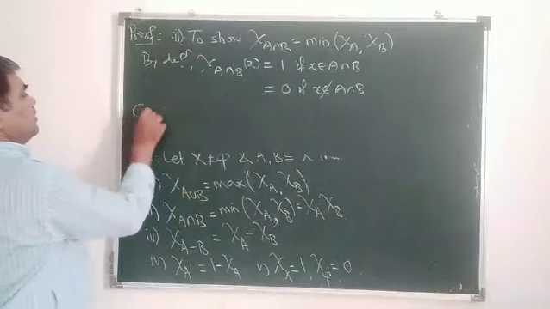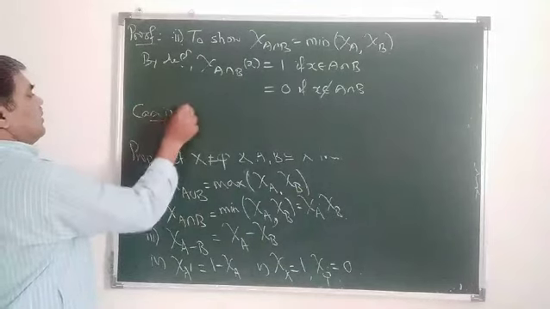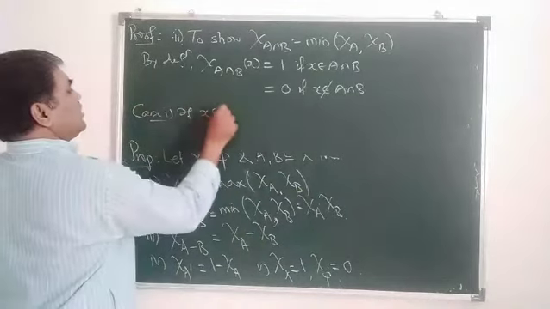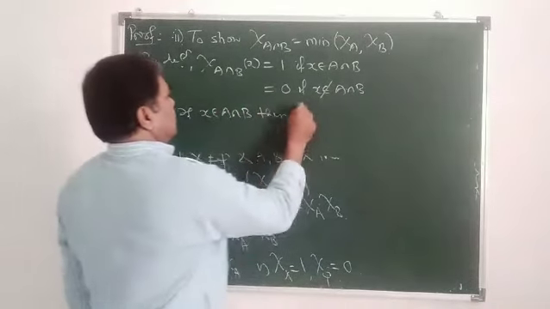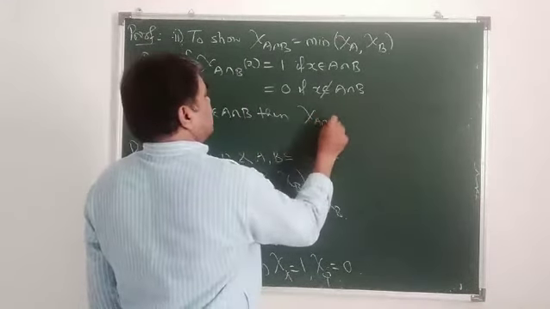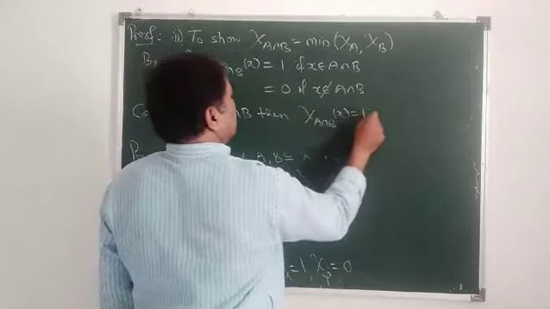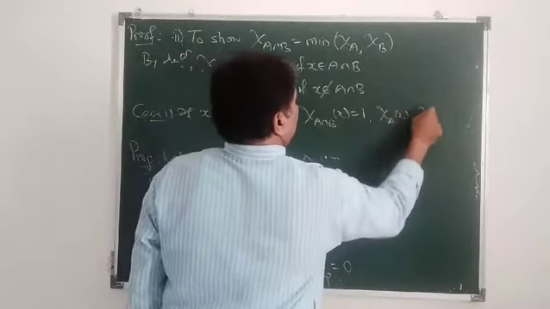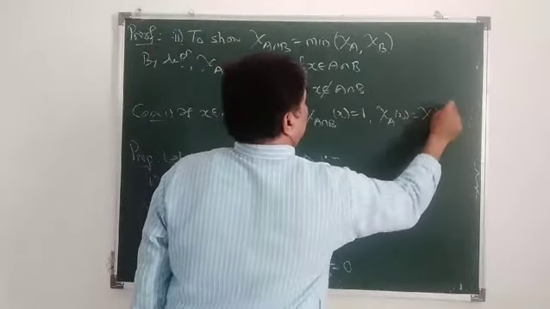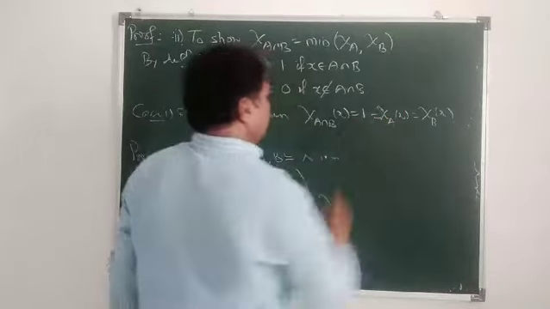Case 1, if x belongs to A intersection B, then psi A intersection B of x is 1, psi A of x is 1, and psi B of x is also 1.